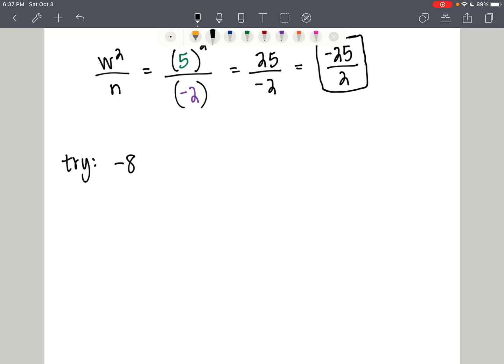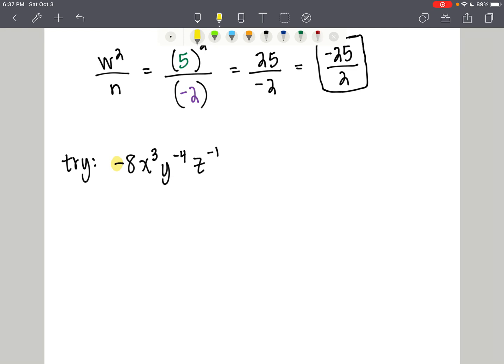Let's just try -8 x cubed y to the -4 z to the -1 and see if you can simplify that expression with positive exponents only. Positive exponents only. And when you're ready to check your answer, come on back.